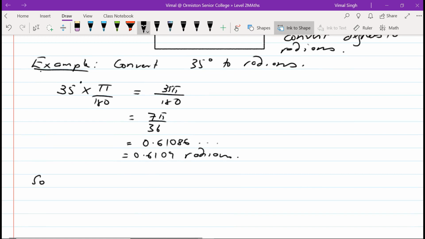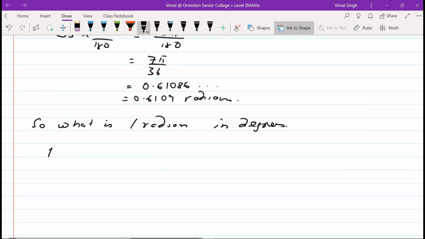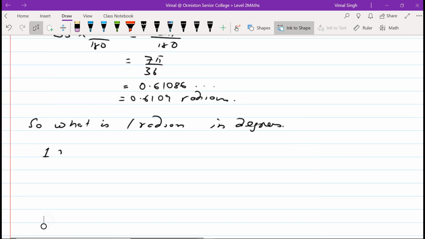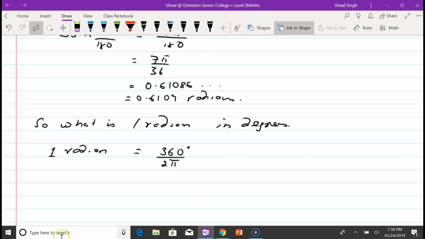So what is 1 radian in degrees? So 1 radian is equal to 360 degrees divided by 2 pi. So let's do it this way.